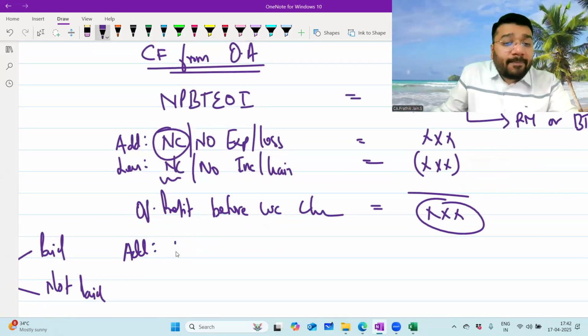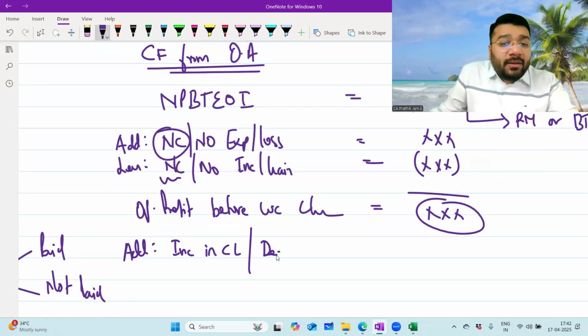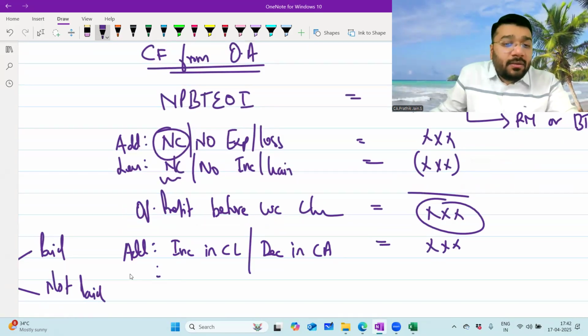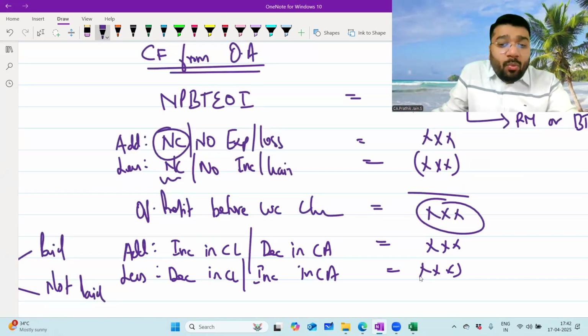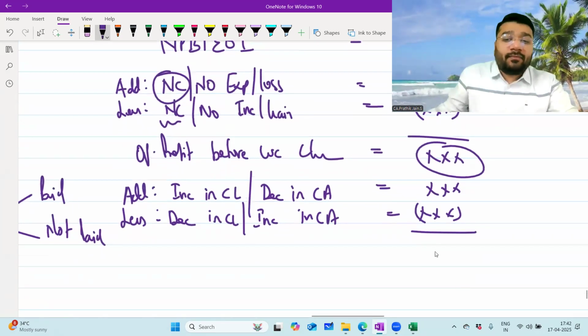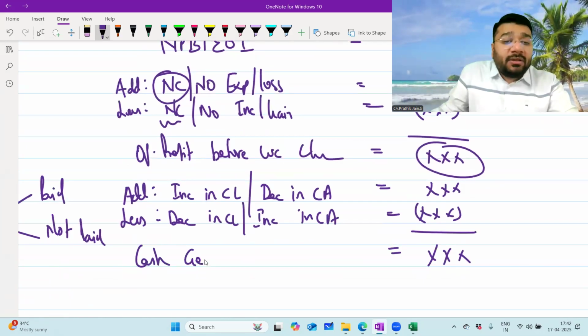Add increase in current liability and decrease in current asset, and then less decrease in current liability and increase in current asset. What do you get? Cash generated from operation.